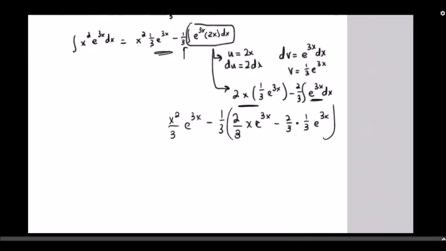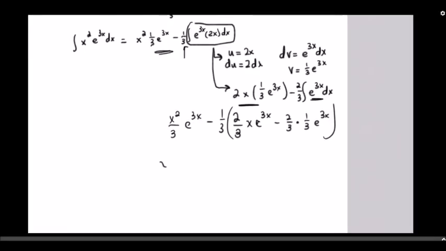So we have x squared over 3 e to the 3x minus 2/9 x e to the 3x, and then this 1/3 multiplies there to make another 2/9, so plus 2/9.